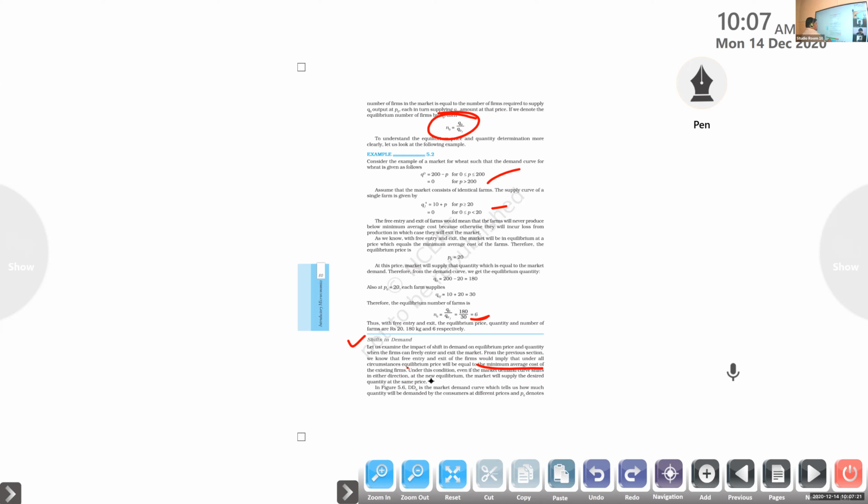In figure 5.6, DD0 is the market demand curve, which tells us how much quantity will be demanded by the consumers at different prices.